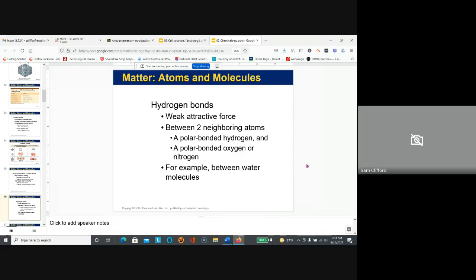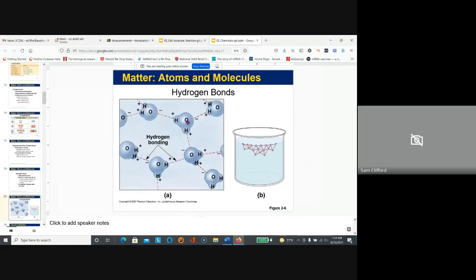So hydrogen bonds are weak bonds between a polar bonded hydrogen and a polar bonded nitrogen or oxygen. If you look at water, water has a slightly negative oxygen, slightly positive hydrogen.